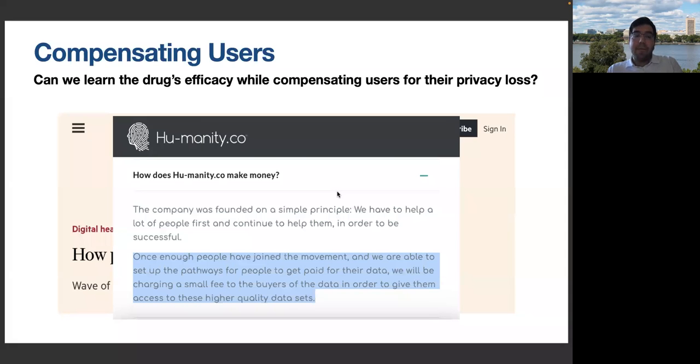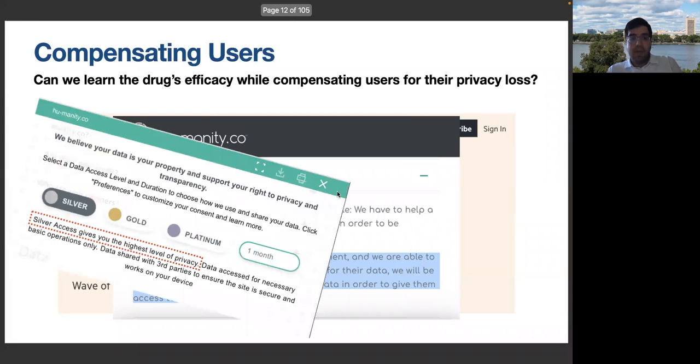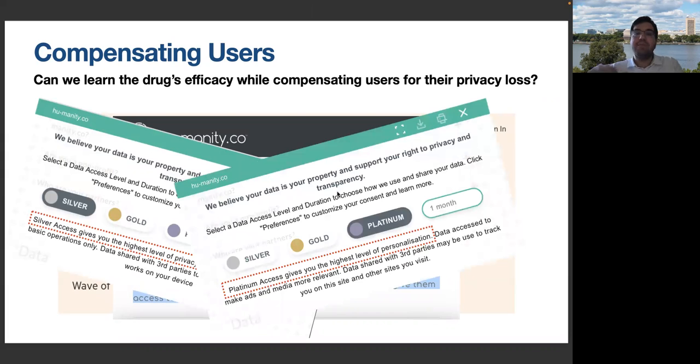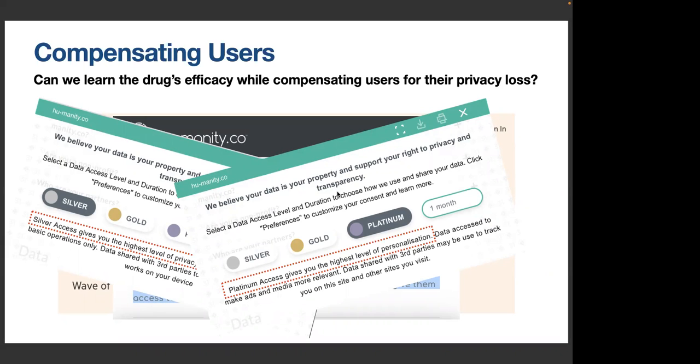And in fact, this company offers a spectrum of options from the ones that provide the highest level of privacy to the ones that provide the best estimator of the medical parameter of interest, for those who are interested in learning the medical parameter and possibly might not care that much about privacy relative to learning it.